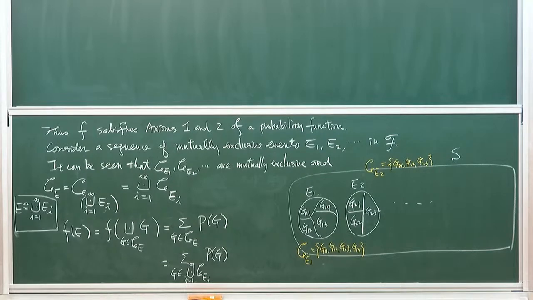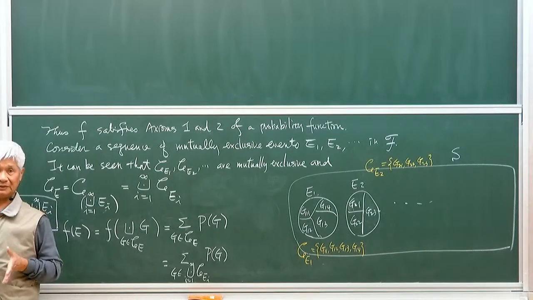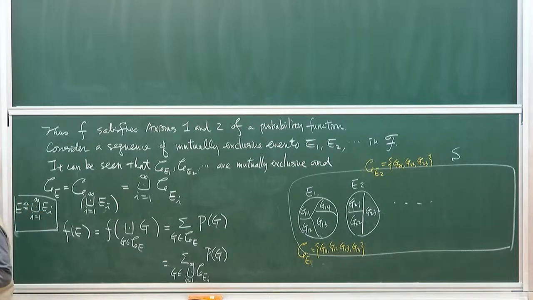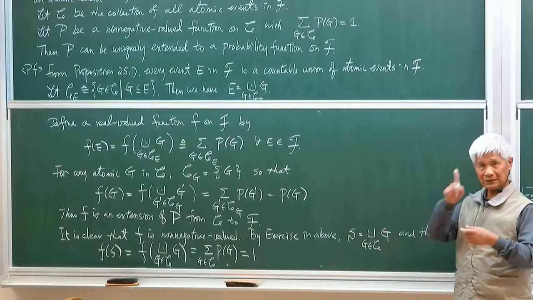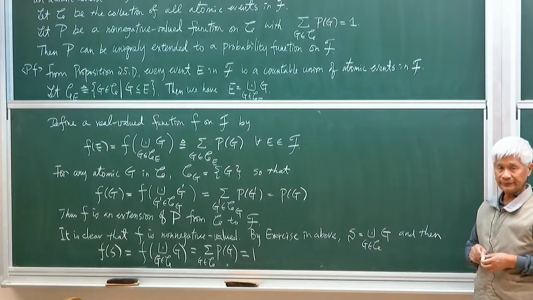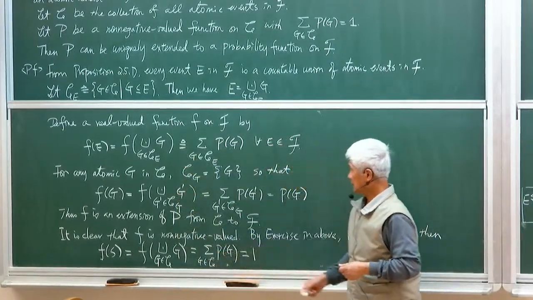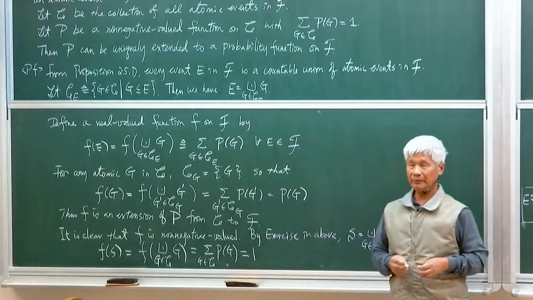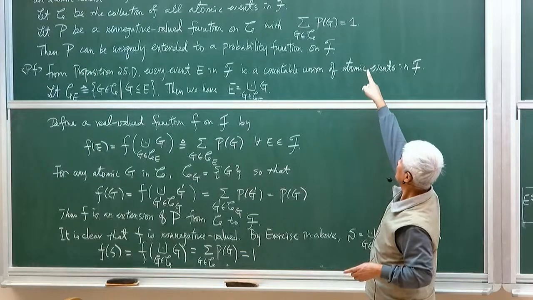The exercise I raised last Tuesday was to show the total event is actually the union of all atomic events in the sigma algebra. So G runs over all the members in the whole collection C. By this definition, this is a summation of P of G, where G is over all members in C, and we know that it is required to be equal to 1.